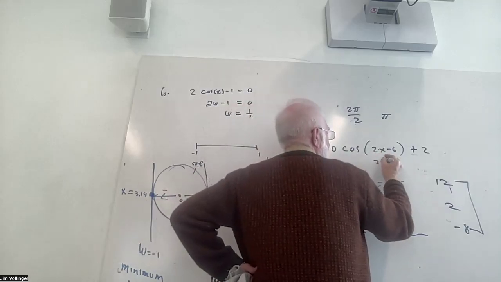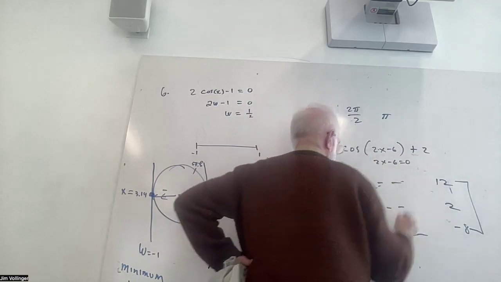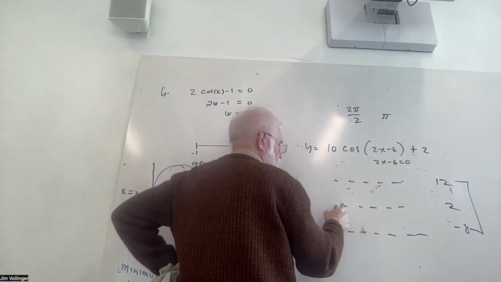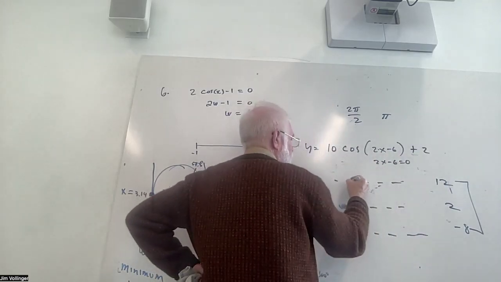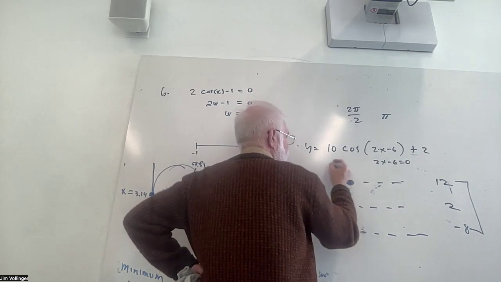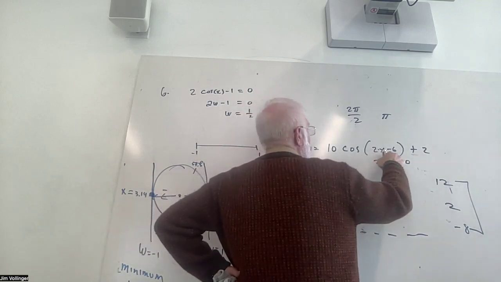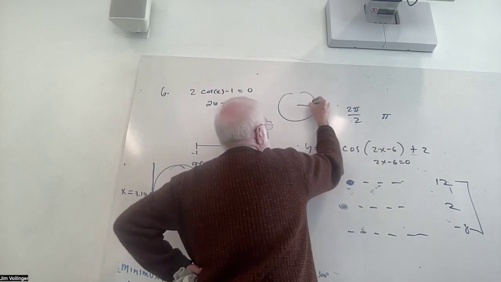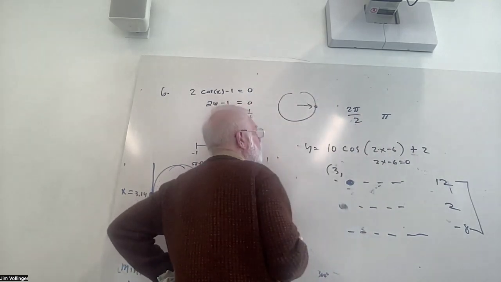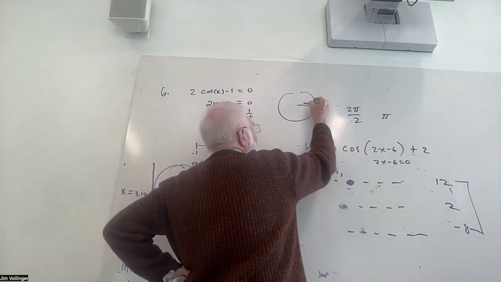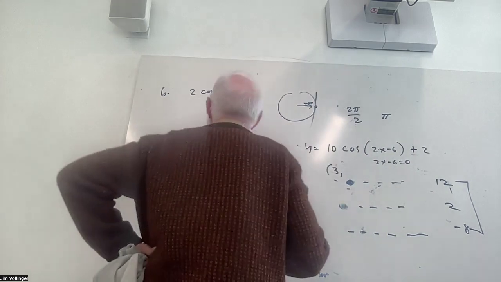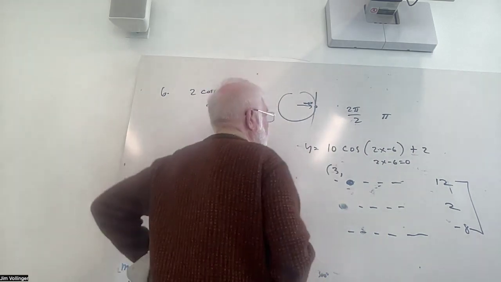Oh, 2x minus 6 equals 0. I think I'm starting at 3. Oh, it's a cosine function. Here, 1 period. 3 gets me 0. The cosine is 0, the width at that place on the unit circle, which is a maximum width on the right. And I talked about that on problem 1.